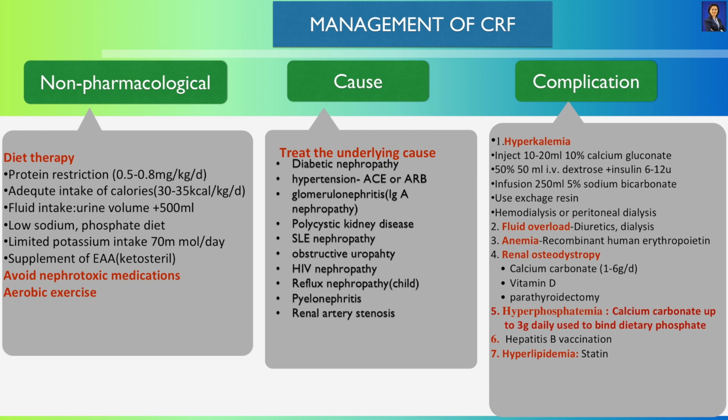If persistent anemia, anemic heart failure, or a complicated anemia, then erythropoietin injection will work. In a patient with renal osteodystrophy and hyperphosphatemia, calcium carbonate and vitamin D. If the patient has persistent secondary hyperparathyroidism, parathyroidectomy has to be arranged as well.